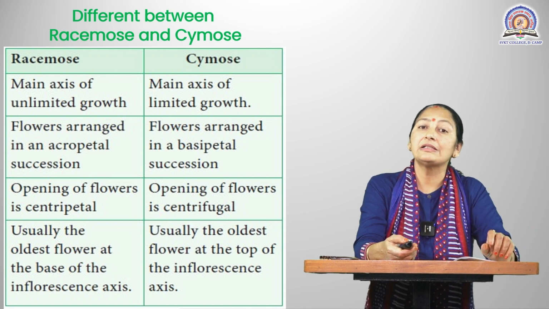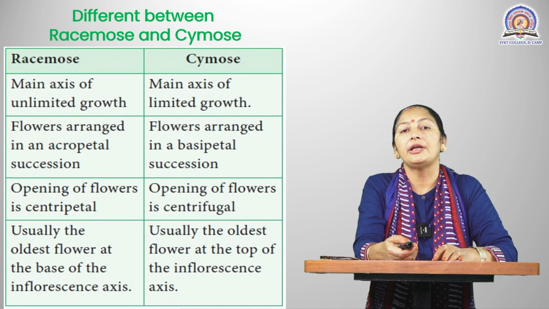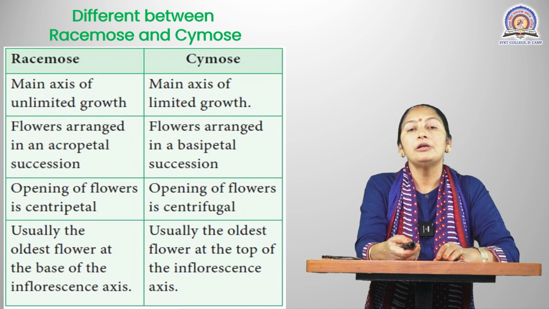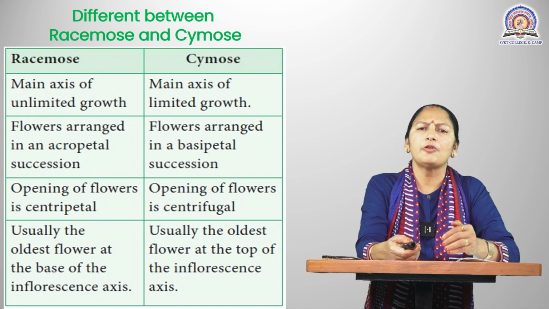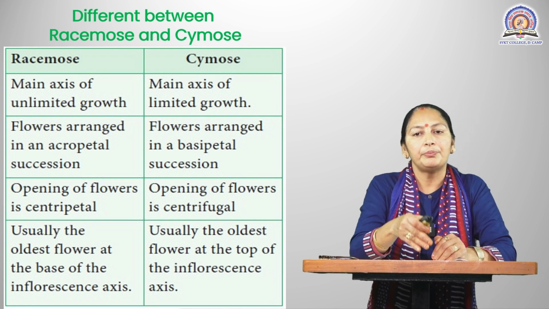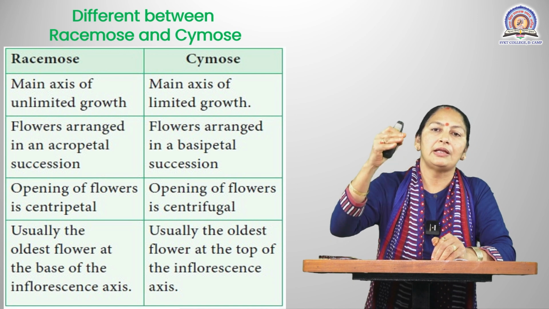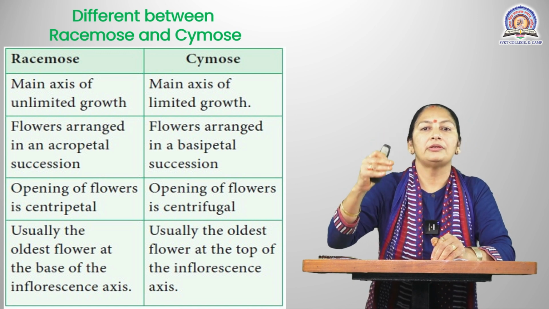And the second one is the cymose. In the cymose, the main axis is of limited growth. Limited means the younger flowers are arranged on the basal side, and the growth is sufficient, then it stops, and the flowers arise on the floral axis.